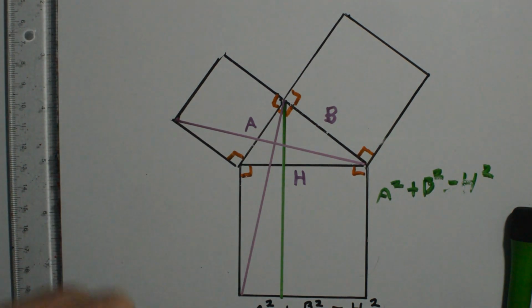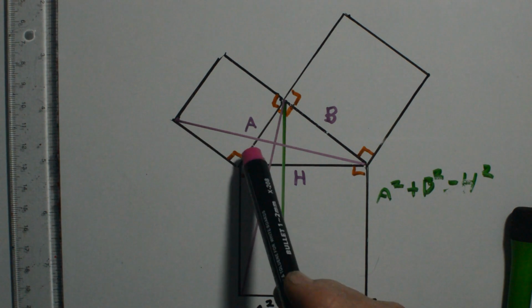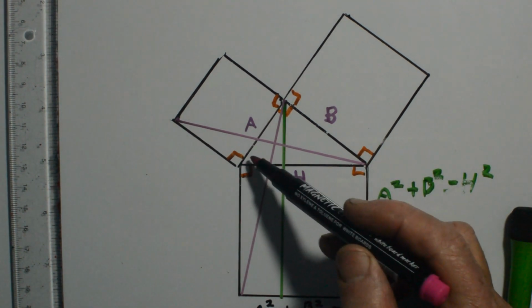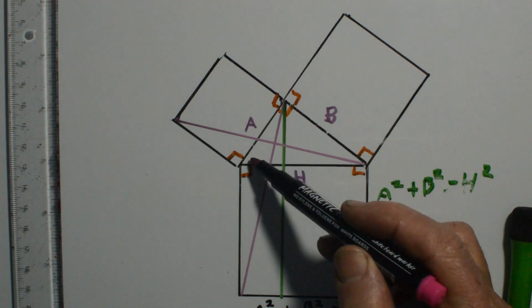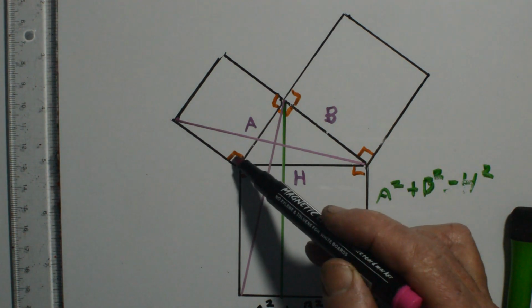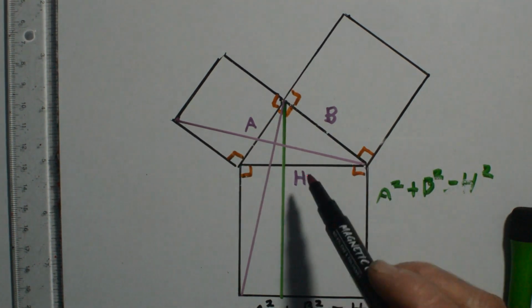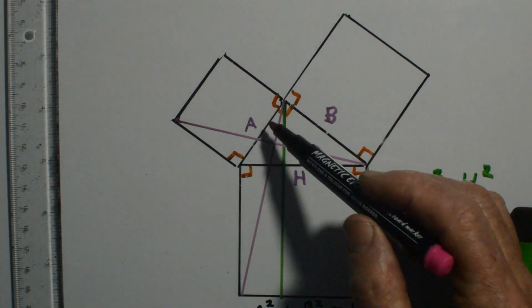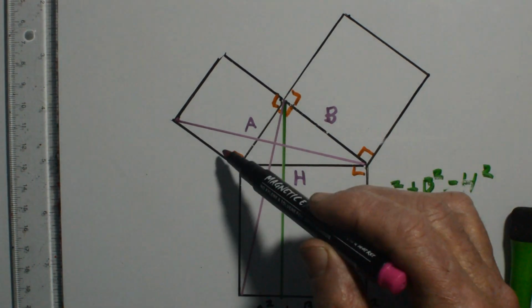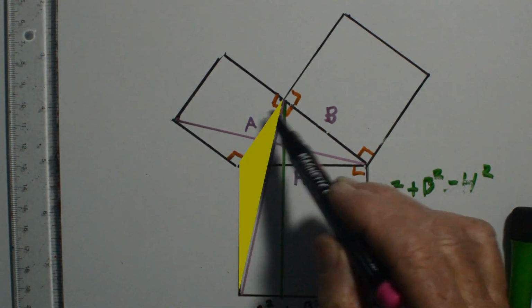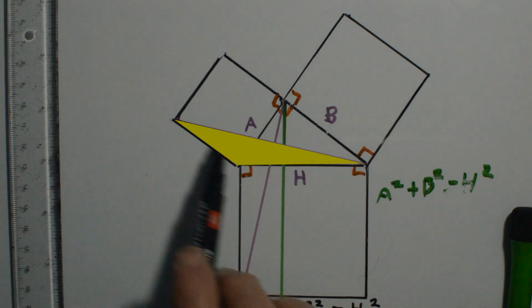Now, this angle right here is the sum of this right angle plus this angle, and this angle right here is the sum of this right angle plus this angle. This side equals this side because it's a square. This side equals this side because it's a square. So this triangle equals this triangle.